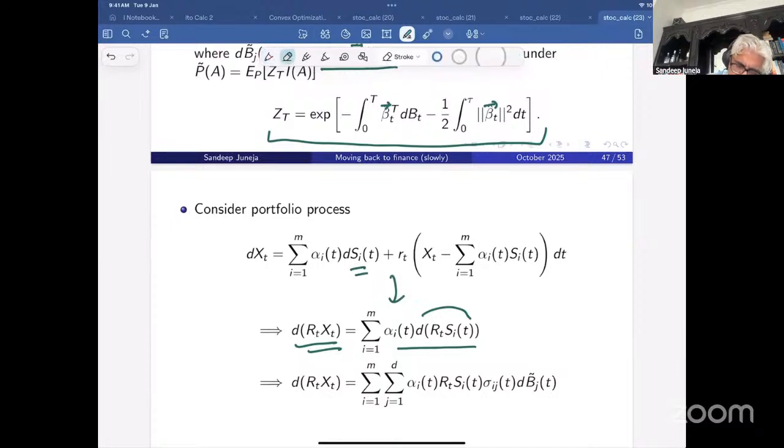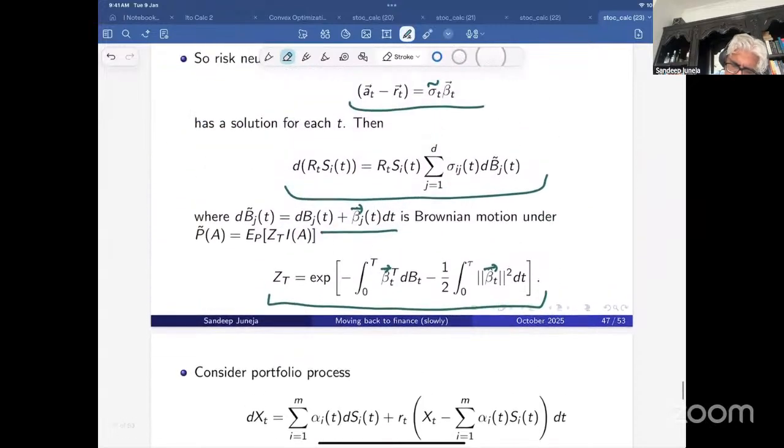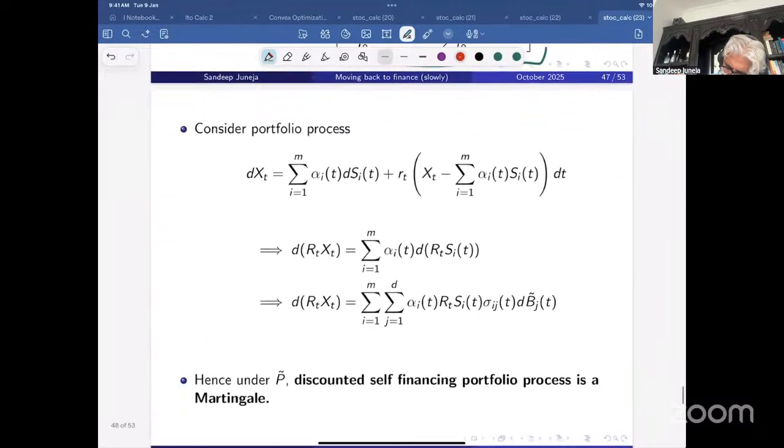And now, once I do all this, I have the following relationship holding. I know what d(R_t S_i(t)) looks like. It's a stochastic integral. So I plug that in here. This is basically d(R_t S_i(t)), but now it's weighted by alpha_i(t) for each asset, because the portfolio has alpha_i(t) amount of risky security.